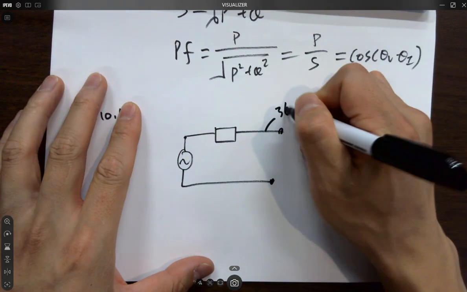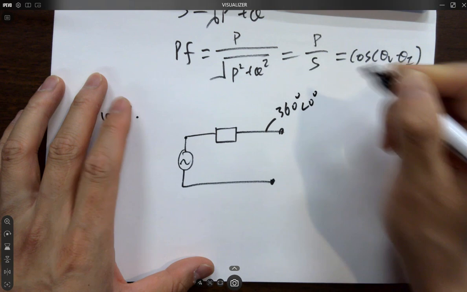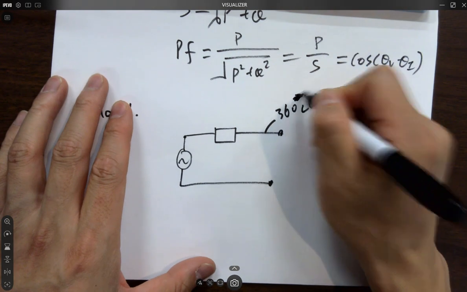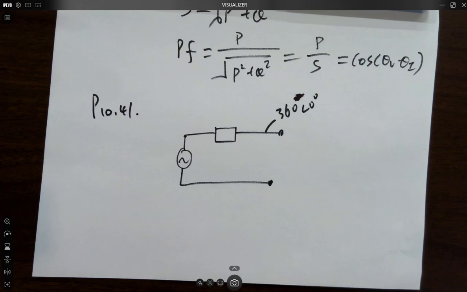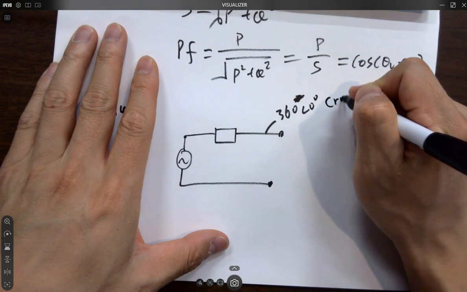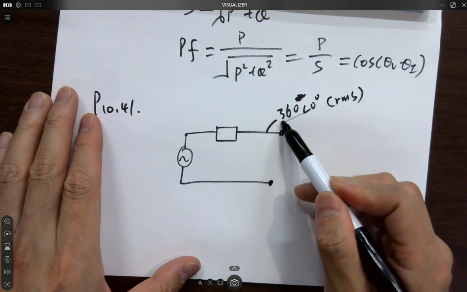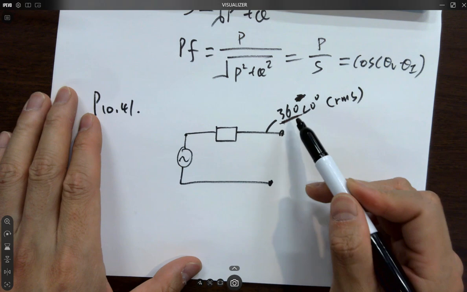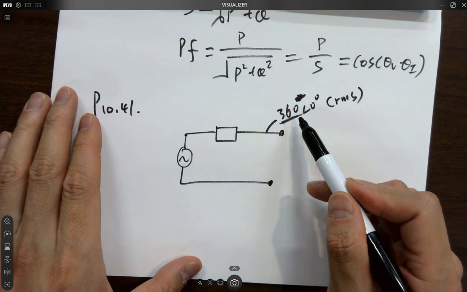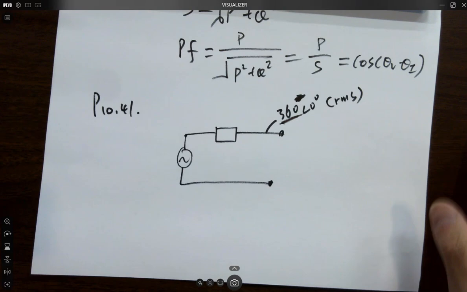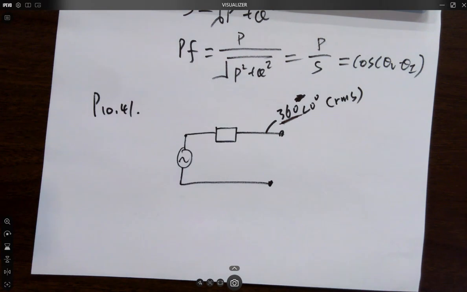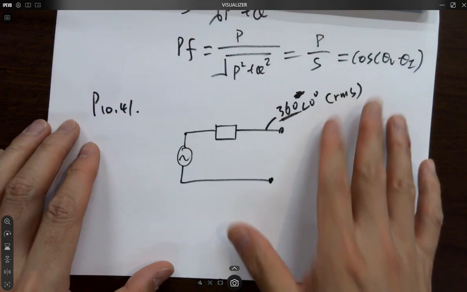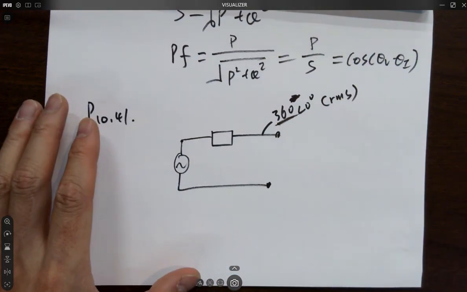Here is 360 volts at 0 degrees. RMS. If you see RMS, which means this is the RMS value, you don't have to divide it by square root 2 anymore. It's not the peak value, it's the RMS. Okay. So what does this tell you? I'll just stop here after I finish this comment about this first statement.